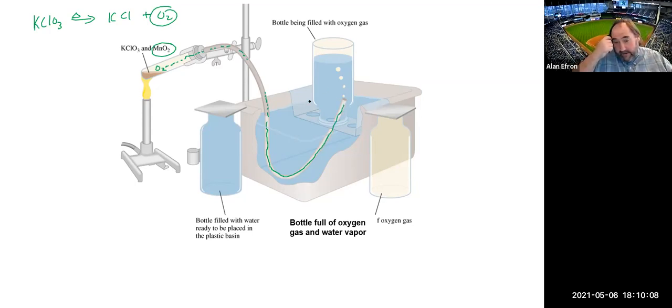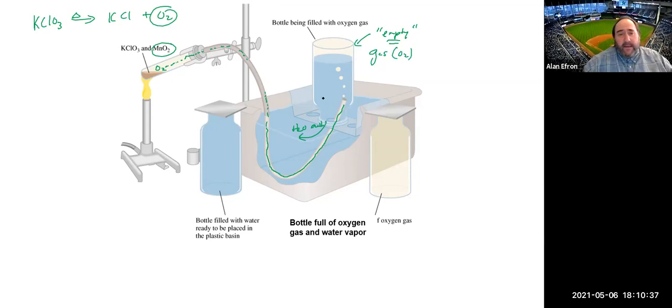And usually we fill the collection container with water. And what happens is as the gas bubbles up, the water comes out, right? So H2O comes out of the bottle. Gas goes into the bottle, and you end up with this quote unquote empty space. It's really not empty. That is where your gas that you're collecting ends up, like the O2 in this example.